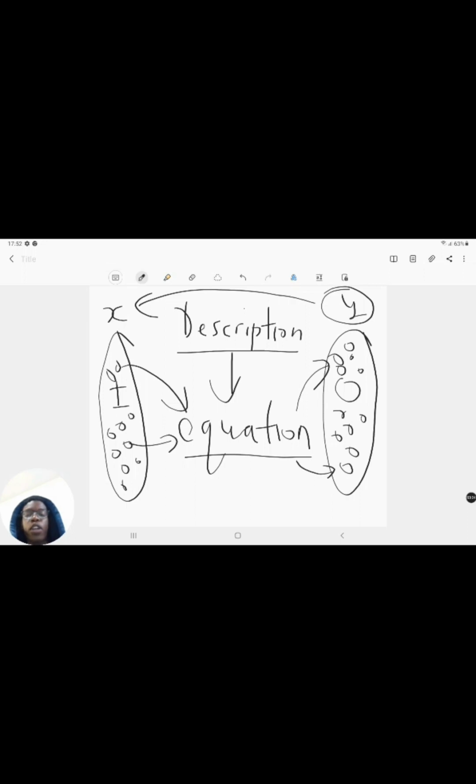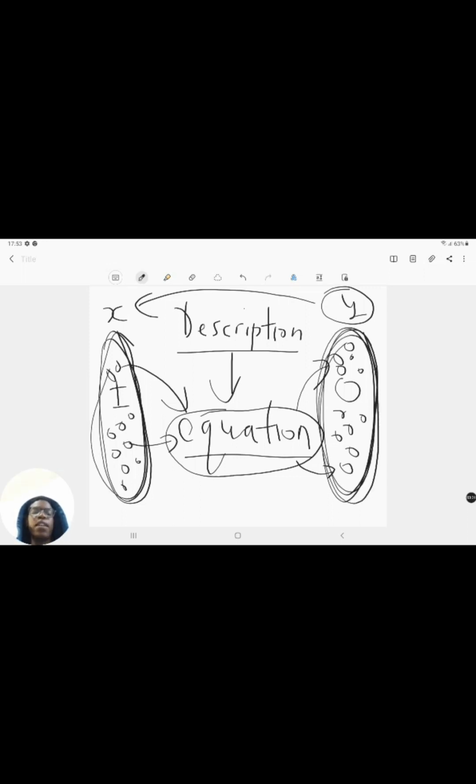But the point of my explaining this is that I want to explain exactly what a function is. A function is the description or the equation or the relation between certain input values and certain output values, but there is a condition that it must satisfy for us to call it a function.